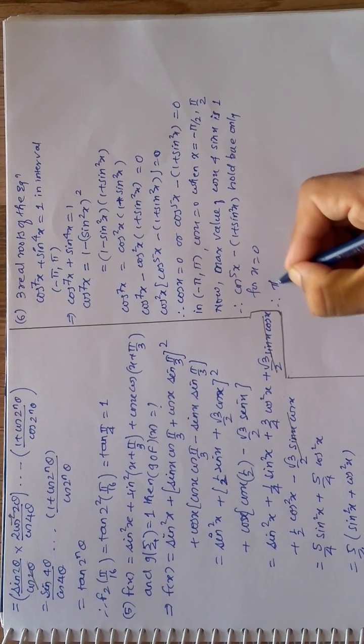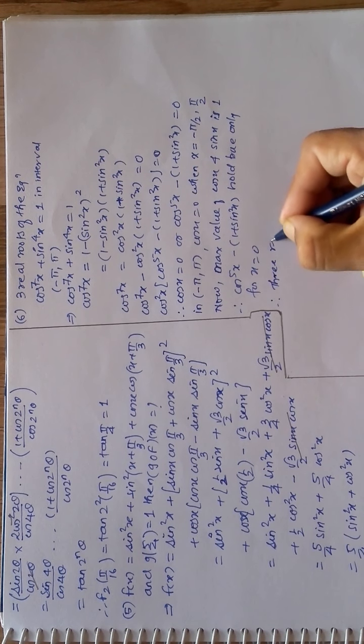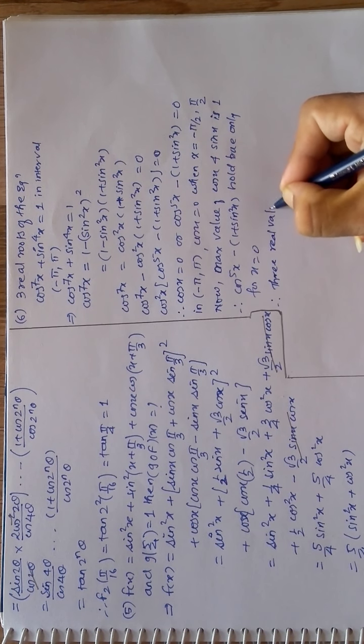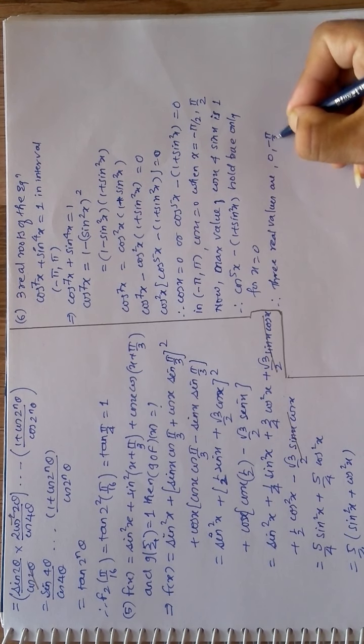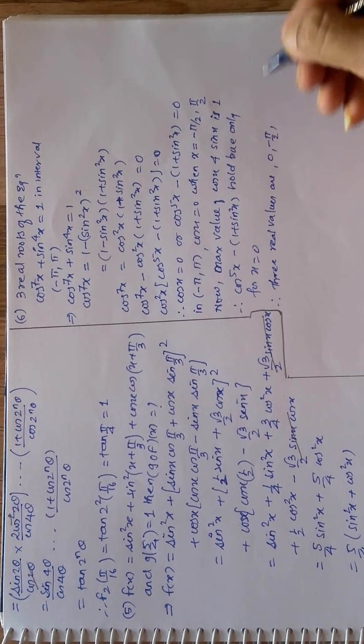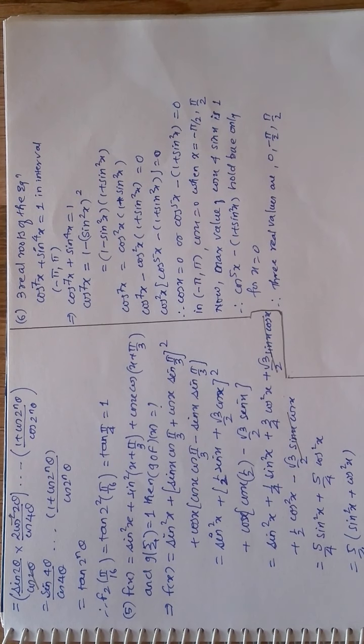So therefore three real values are 0. So I wrote it wrong. It should be minus pi by 2, 0 and pi by 2, but it does not matter. Okay, 0, minus pi by 2, comma pi by 2. Got it? Just a simple thinking.